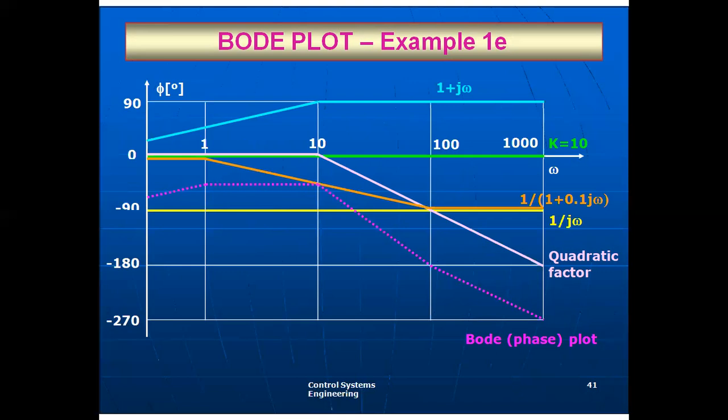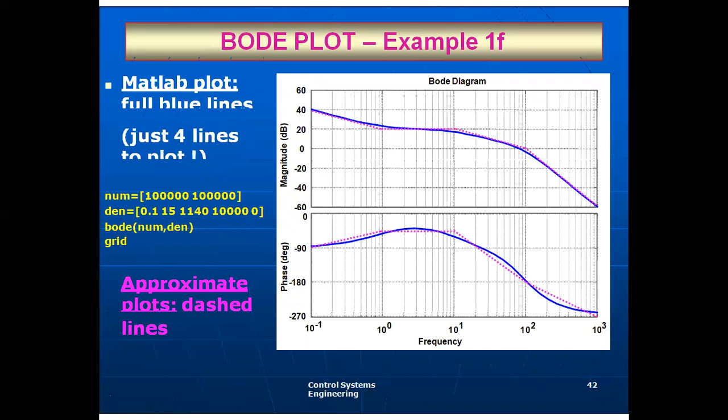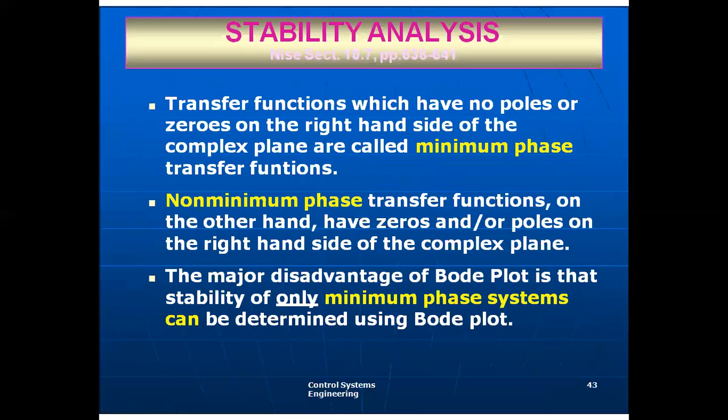There is a standard procedure available for drawing the Bode plot, where we need not find the magnitude and phase angle for each factor. Instead, we find the magnitude and phase angle at each corner frequency. Then finally, we draw the actual plot, which we will discuss in the next class. Okay. So this is the Bode plot for the given problem: the magnitude plot and the phase angle plot.